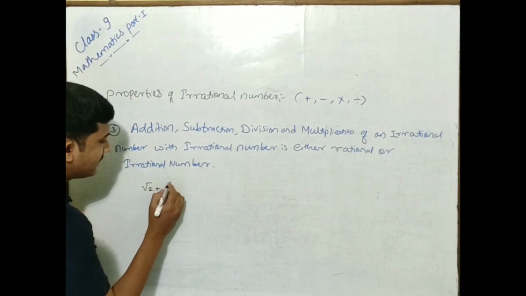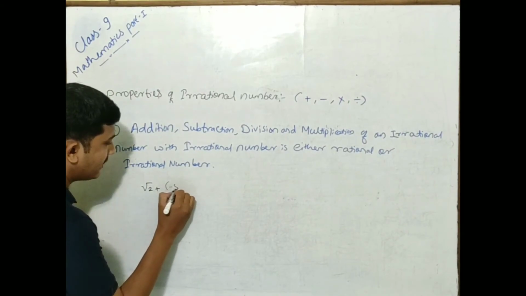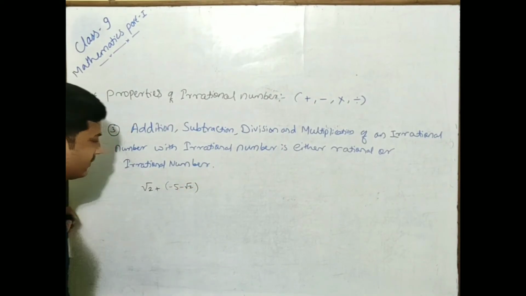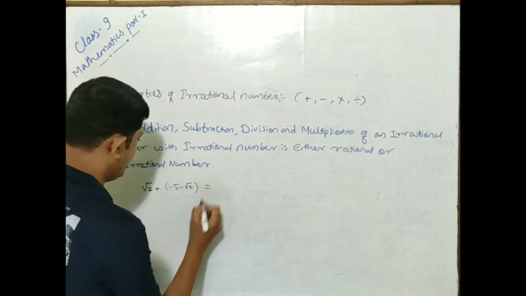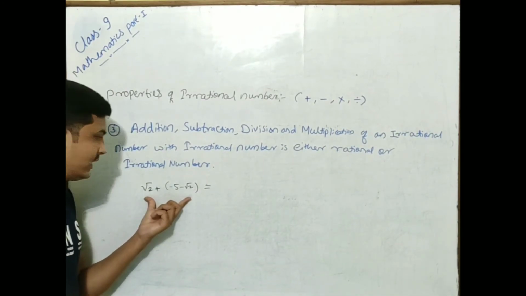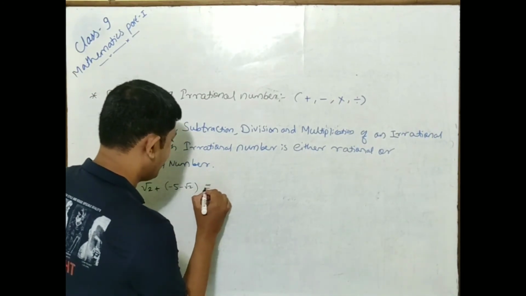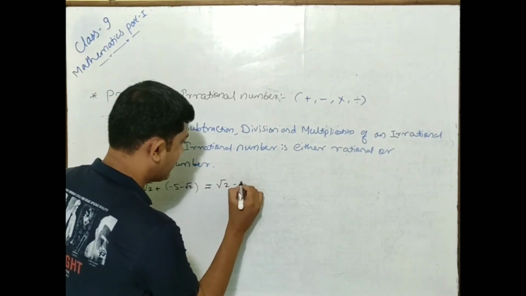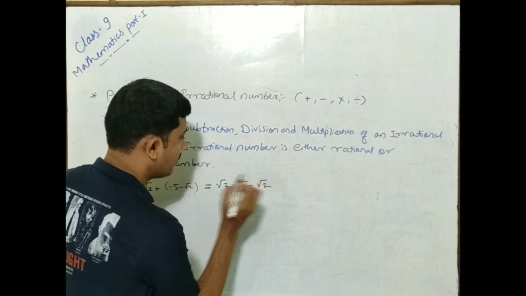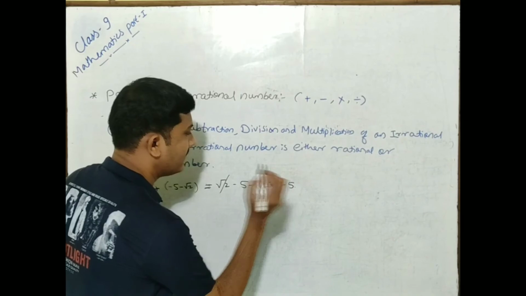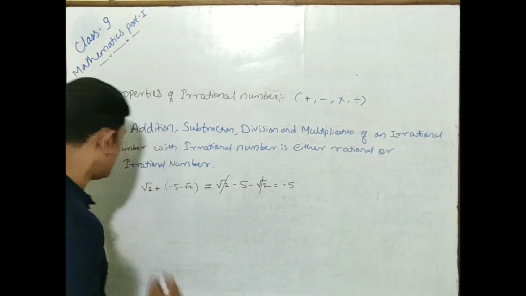Root 2 plus minus 5 minus root 2. What do we get here? If we add two irrational numbers, what do we get? Root 2 minus 5 minus root 2: plus root 2 and minus root 2 get cancelled, leaving minus 5, which is here a rational number.